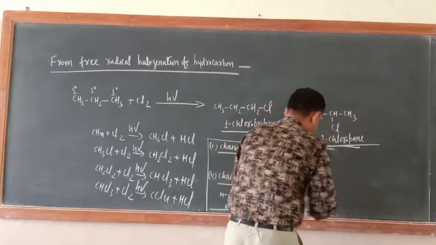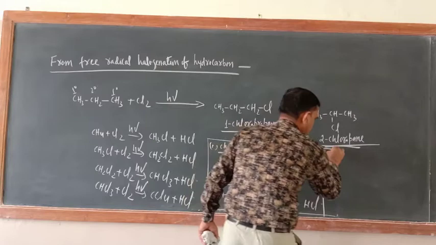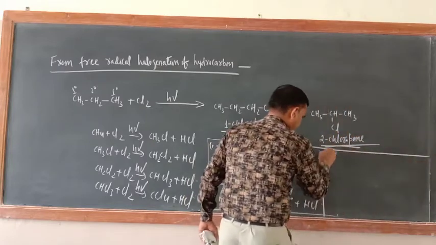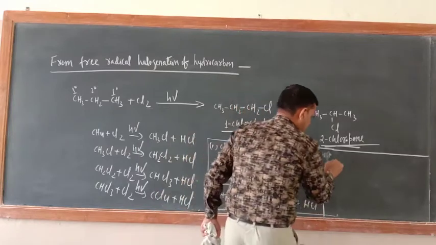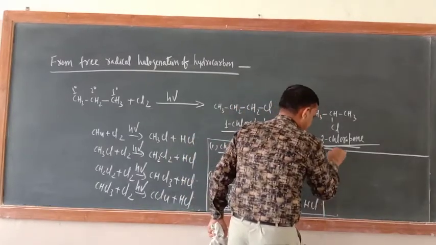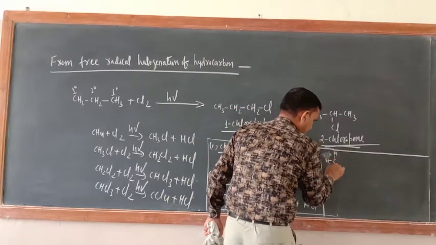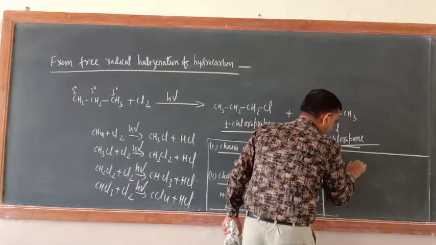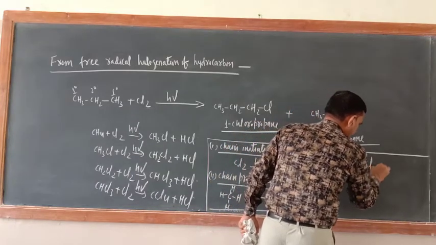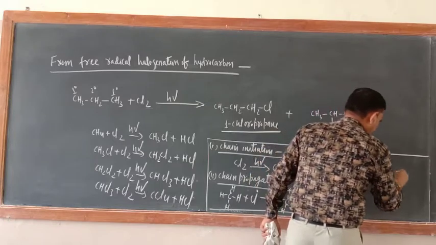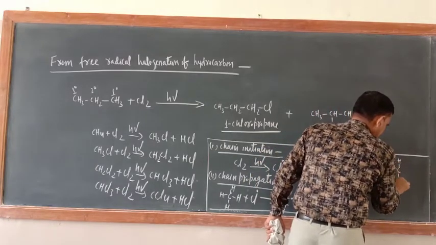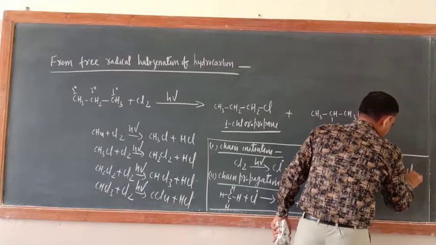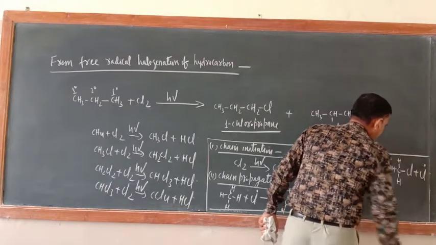This is only the chain propagation step. This CH3 free radical will attack another Cl2 molecule and form CH3Cl plus another Cl free radical.